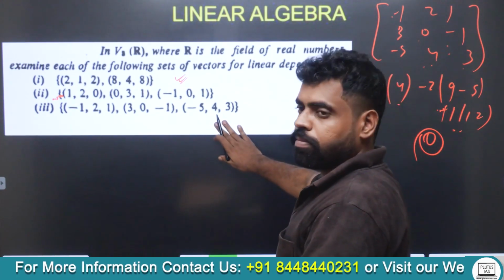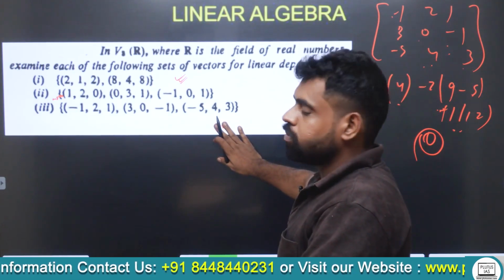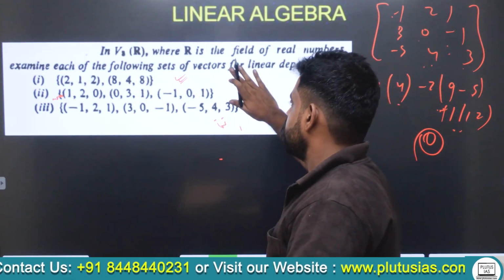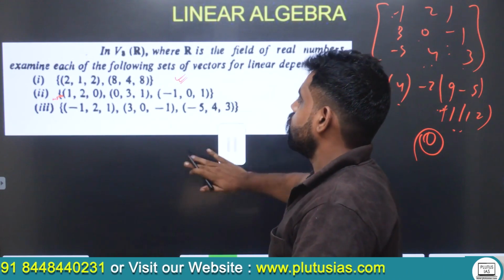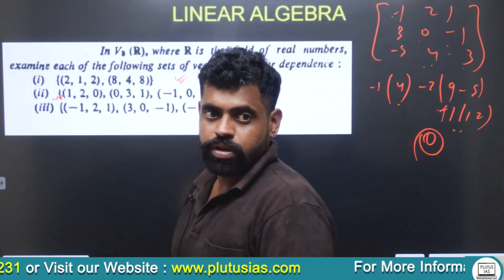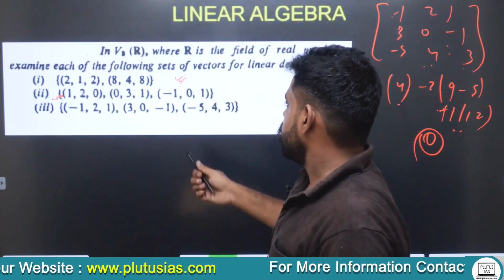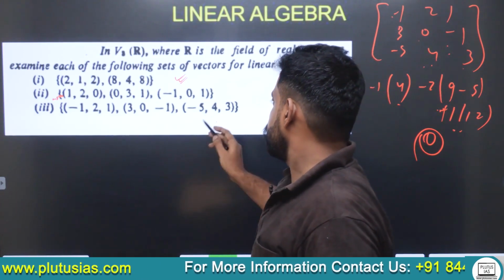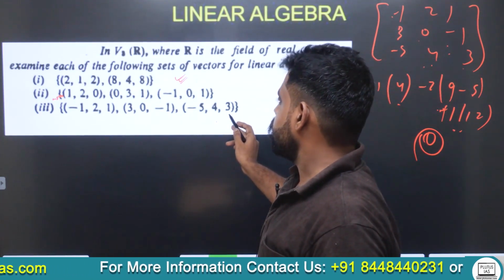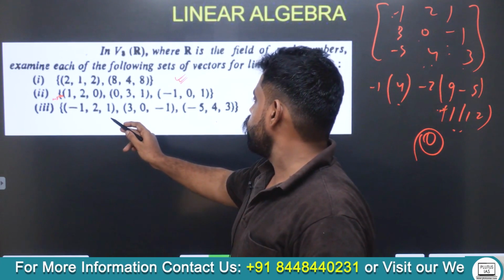Minus of this one. No, it is -4. You get 0. 2 into the first one. So this is -3 and you add 2.